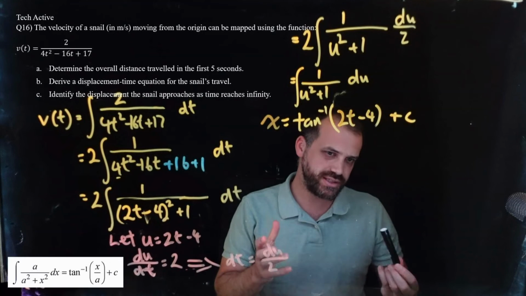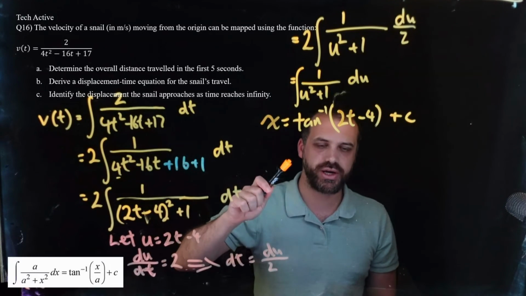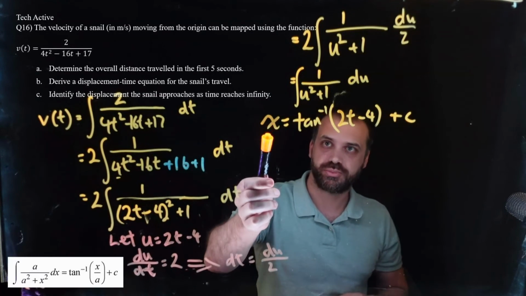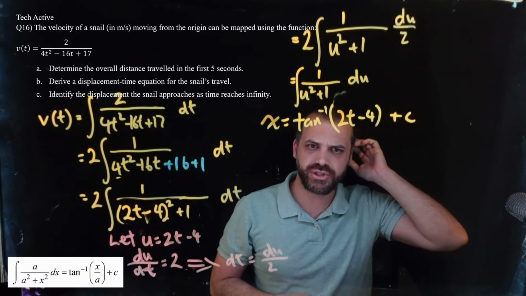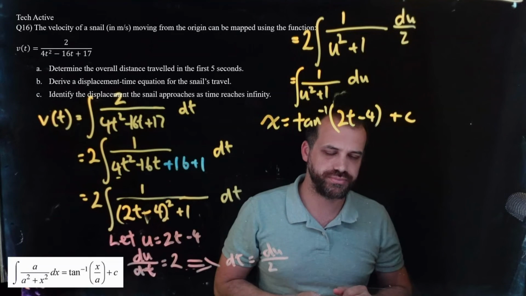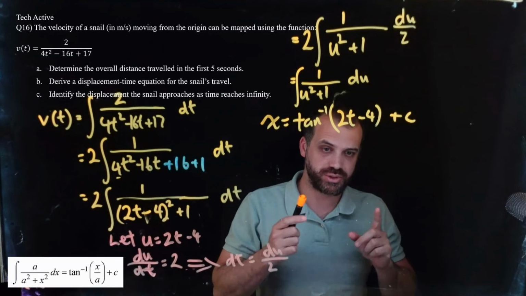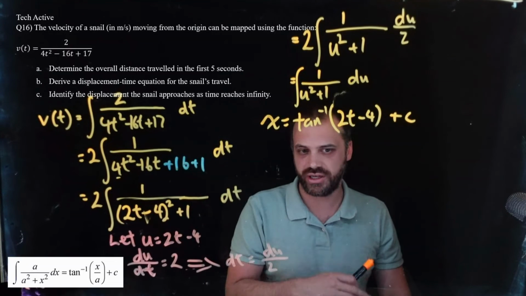I don't think we've answered part B yet, because part B says derive a displacement time equation for the snail's travel. Displacement time, good, but we don't have our plus c yet. But we do know, moving from the origin, so at time 0, displacement was 0. So let's sub in x equals 0, t equals 0, and find out what c is.